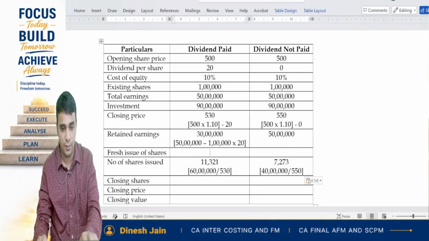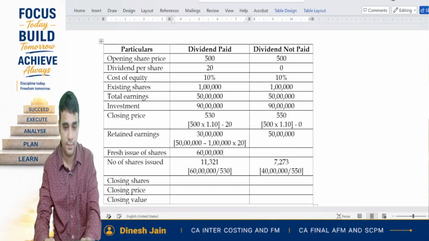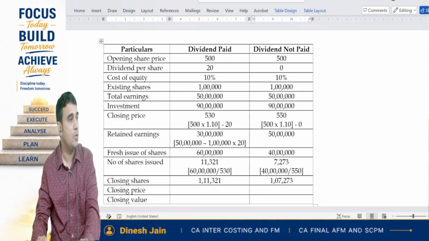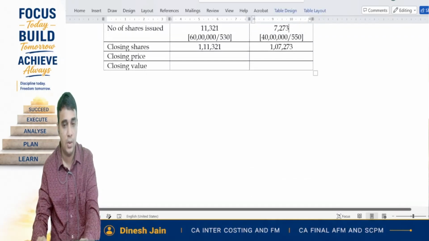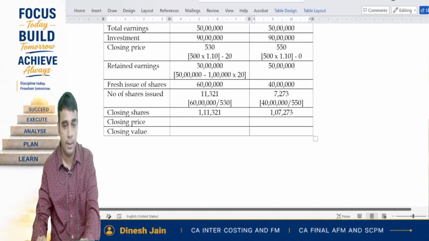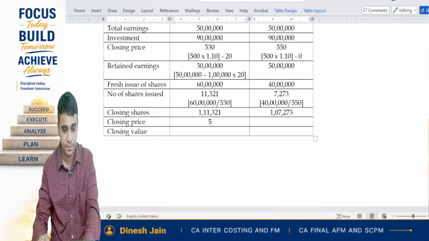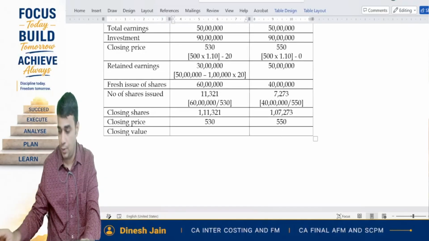This was the value, 60 lakh, 40 lakh. Closing shares is 111,321 and 107,273. Multiply with 530, 550.